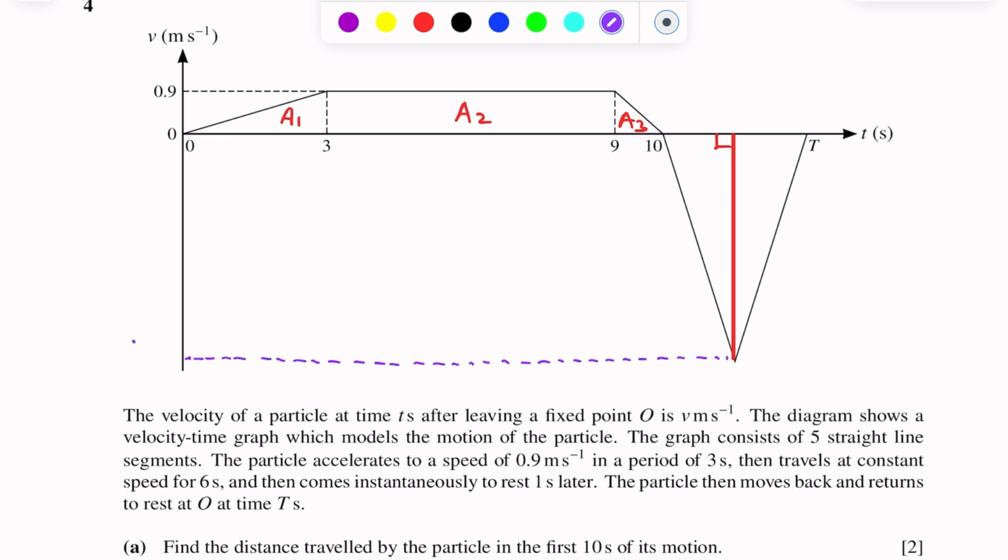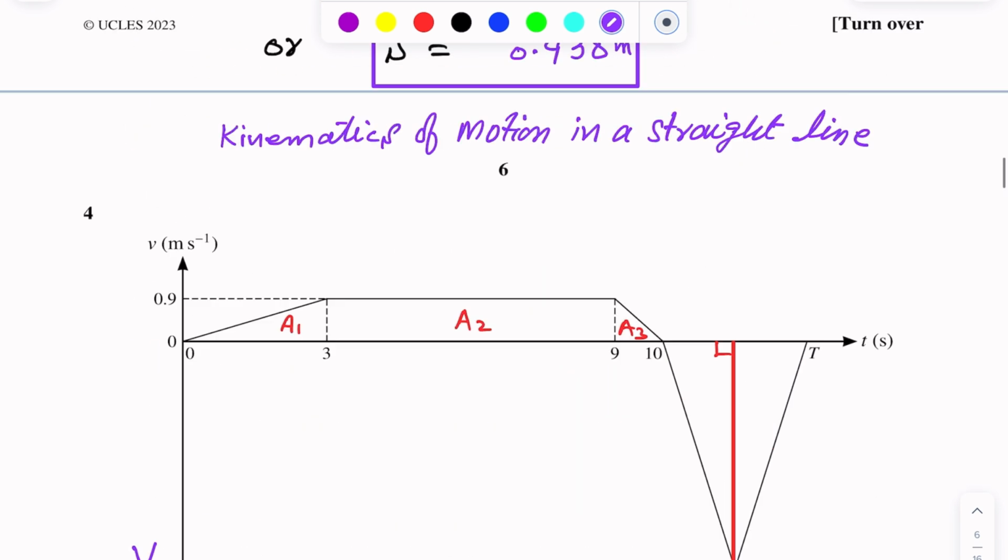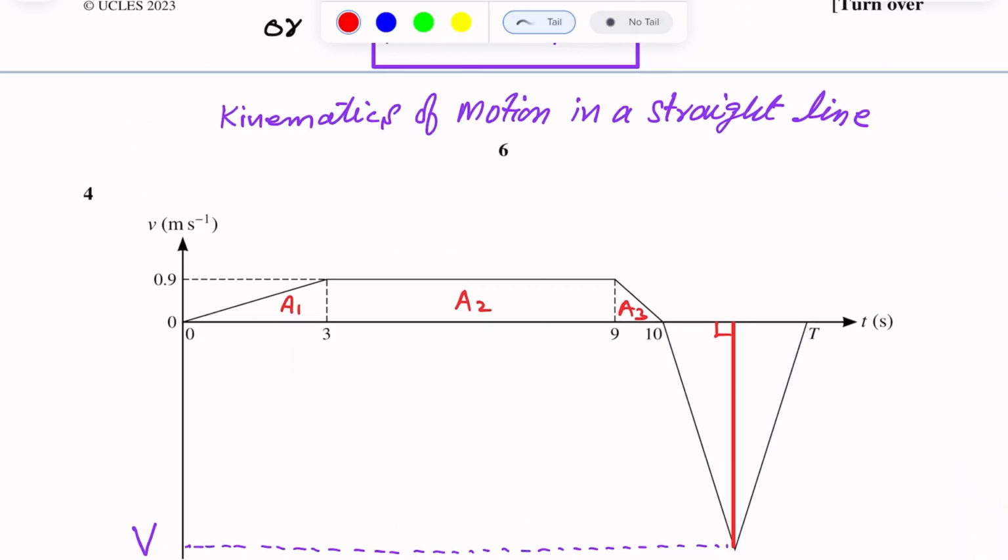We represent it by v. So the distance represented by the graph that lies above the x-axis will be the same as that of the graph that lies below the x-axis. This distance will be equal to this distance.